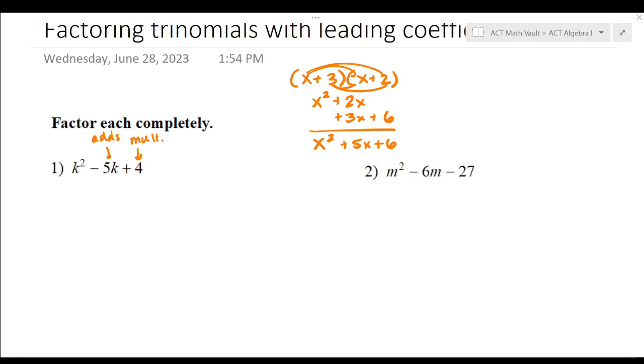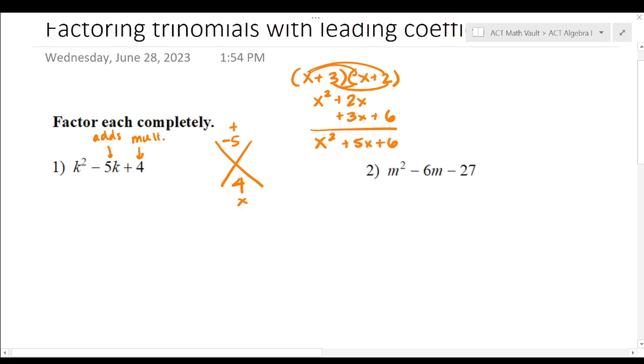Okay. So sometimes you'll see teachers introduce this concept with this X diagram, and they'll say, put a negative 5 there and a 4 there, and think about what's going to add to this number and multiply to this number.